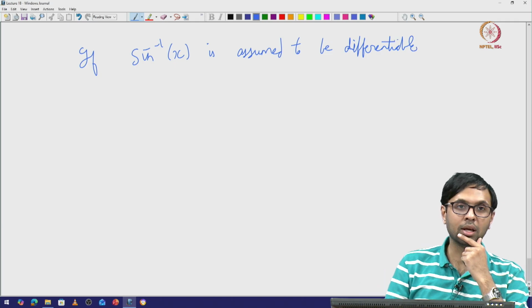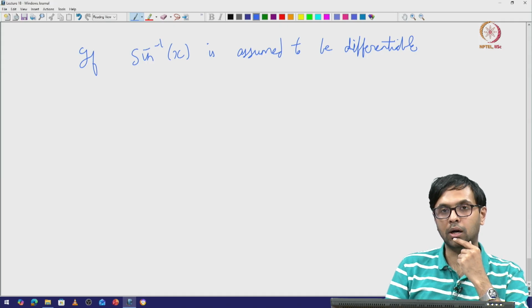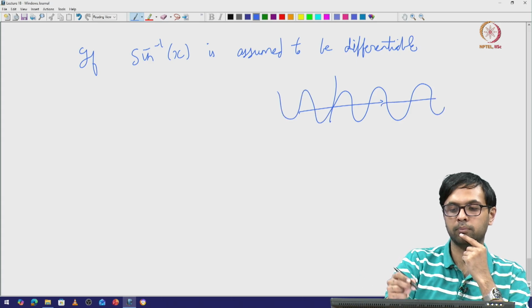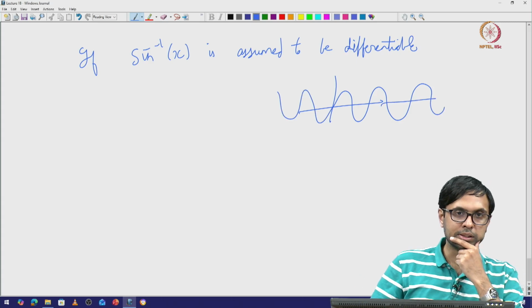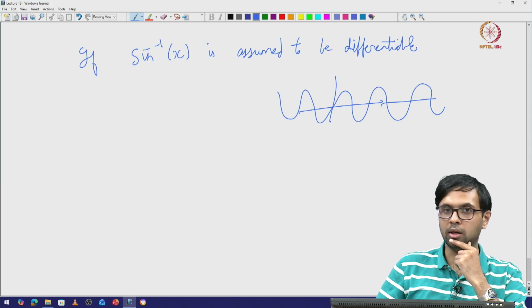Sine is not an invertible function if you take its domain to be all of R, right? It's periodic. Its graph looks like this, right? So that's the problem. Since it's periodic, it's not really invertible.